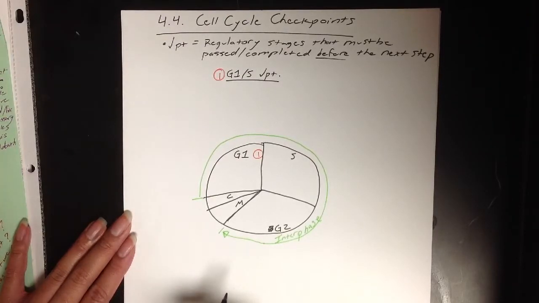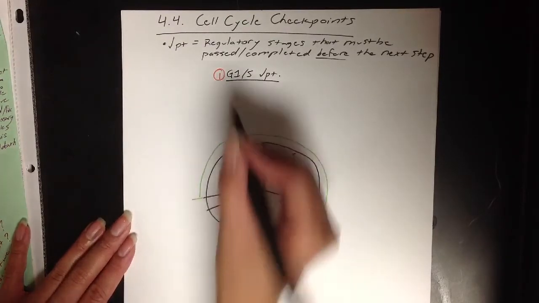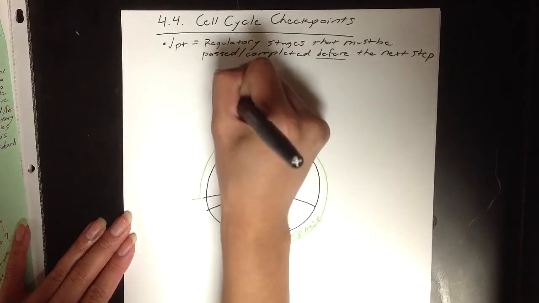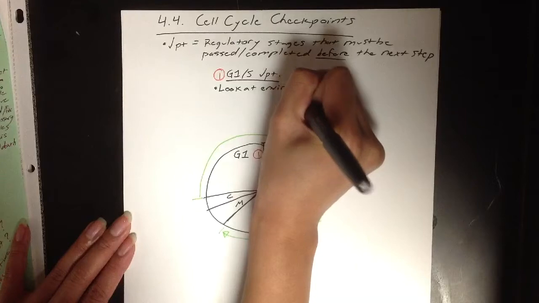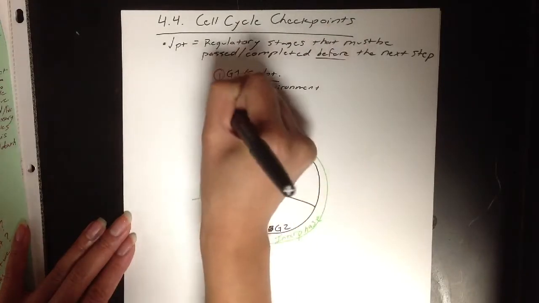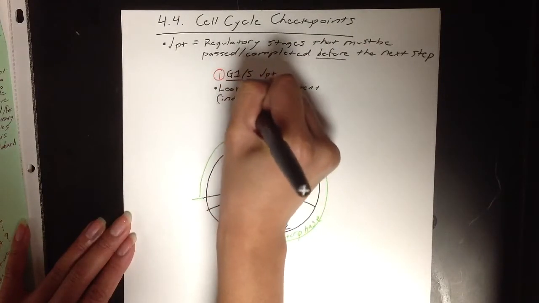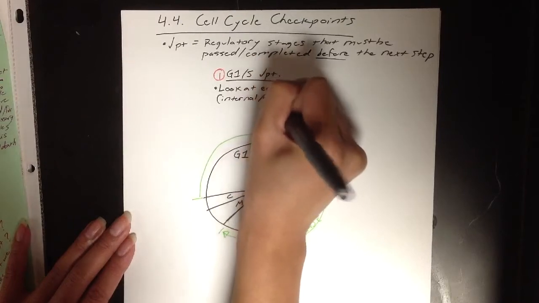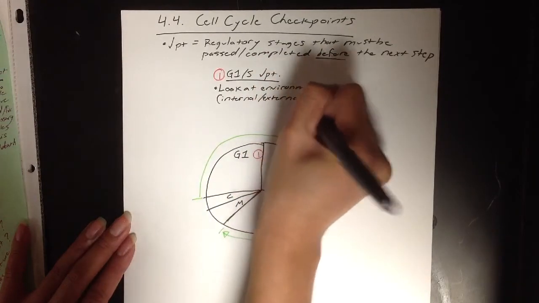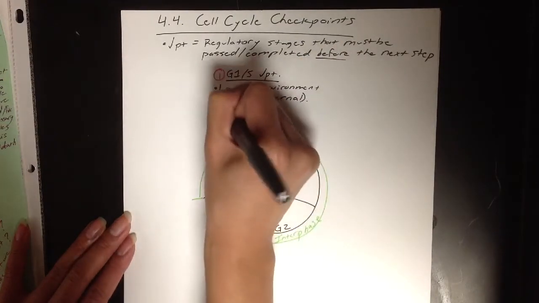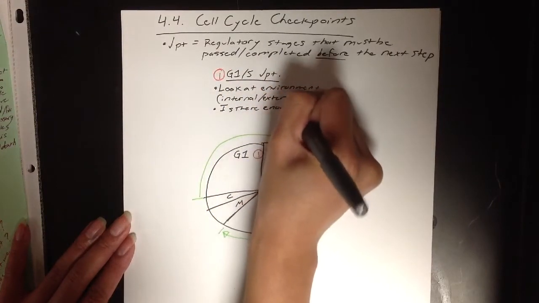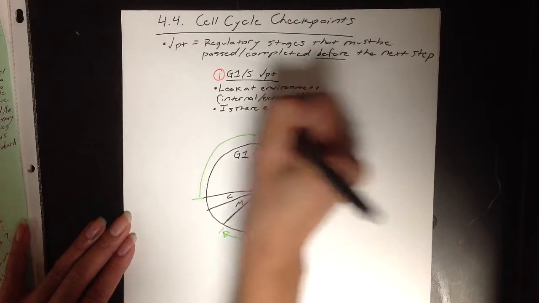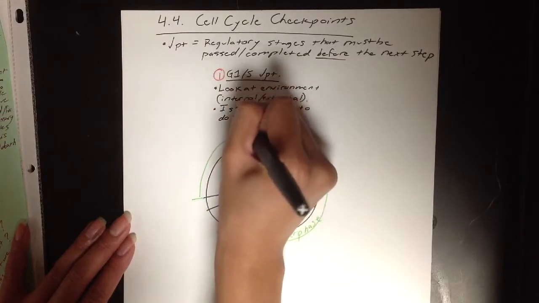At this G1S checkpoint, we are also going to look at the environment internally for the cell and externally. And basically you're going to ask, is there enough material to do S?